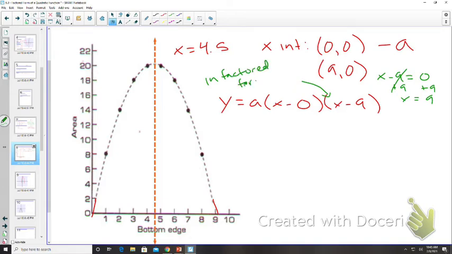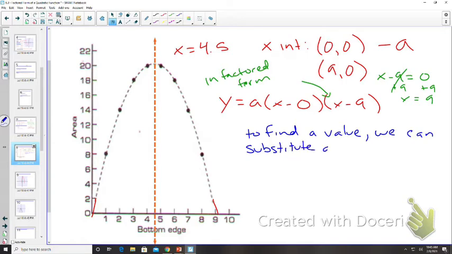So we know that. So after we have it set up, this is in factored form. Now to find our a value, we can substitute a known ordered pair into our formula.